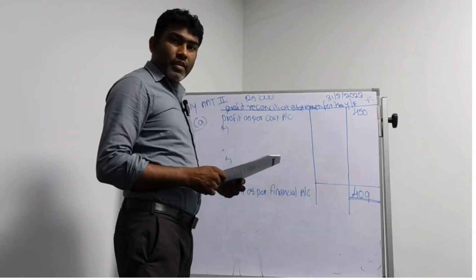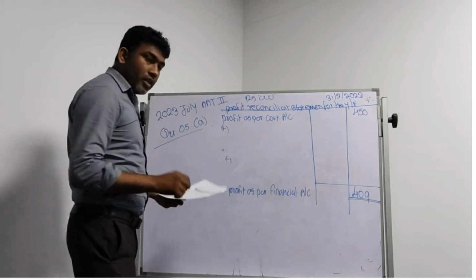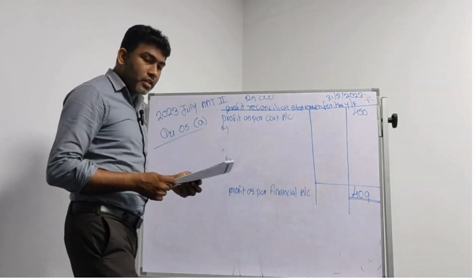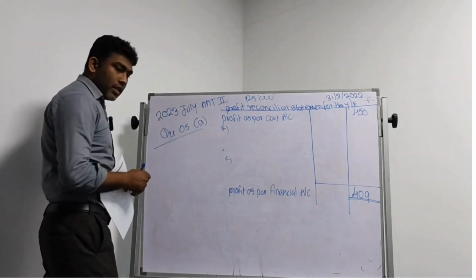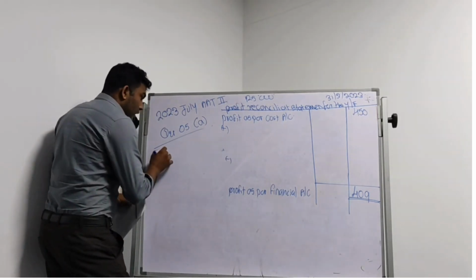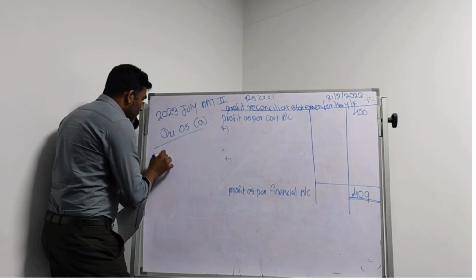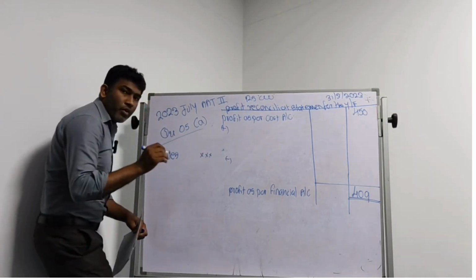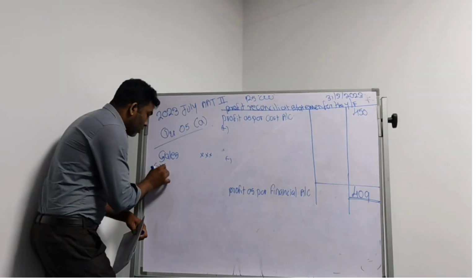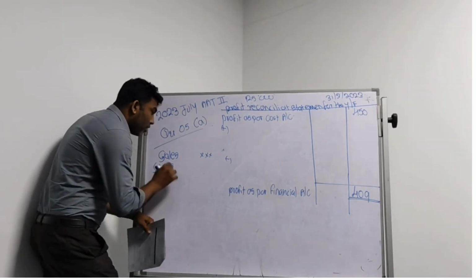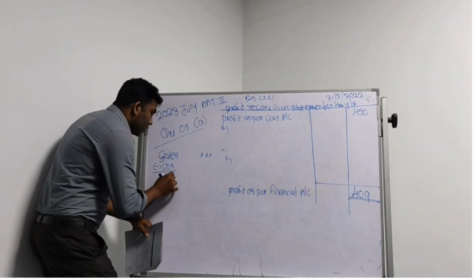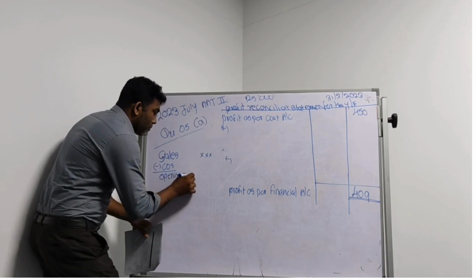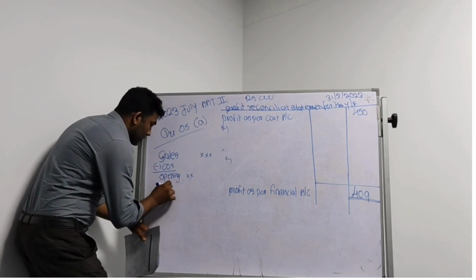So we'll start. If you see the difference between opening stock and the profit, I will explain like this. This is the sales figure. This is very important for you all. Minus the cost of sales. How do you get the cost of sales? Opening stock plus the purchases.